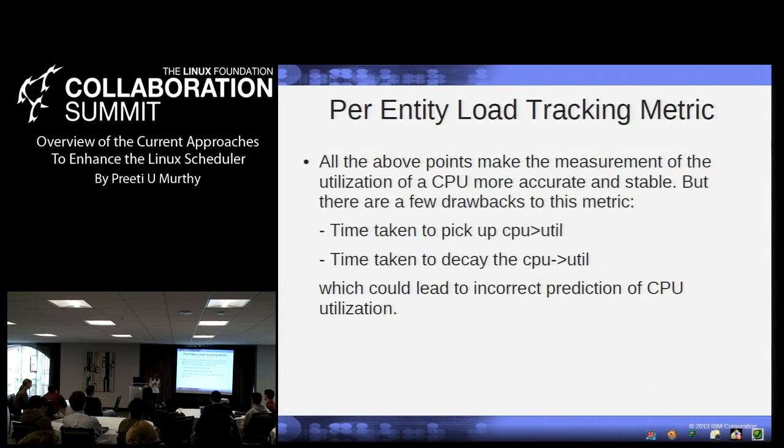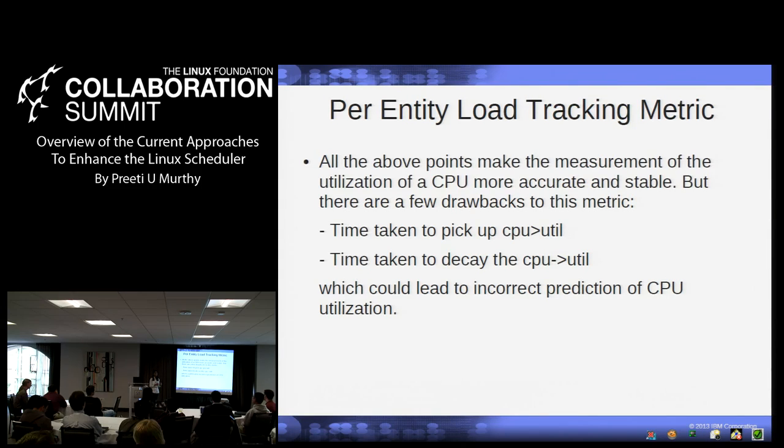If you have a scheduling group with 4 CPUs which has been idle for a long time, and all of a sudden each of those CPUs gets one task each, the percentage utilization of this group was 0% and has to climb up to 100% for it to reflect that 4 tasks have come on that group.